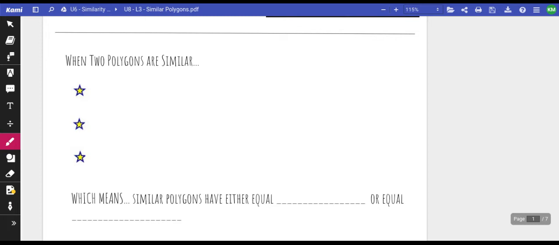These two would be similar polygons. Would you agree they're both squares? Can you tell me anything that's the same in both of those? Yeah, so first thing I would want you to notice, both squares have the same angles. So when two polygons are similar, the angles are the same.